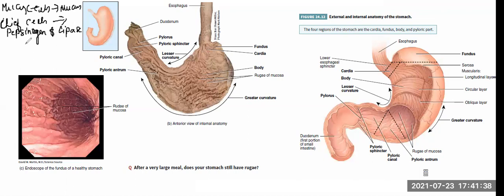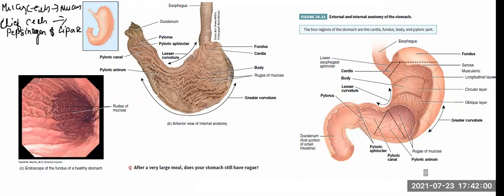These proteins are not completely digested into amino acids. Further digestion continues in the next part of your GI tract, which is your duodenum, right?